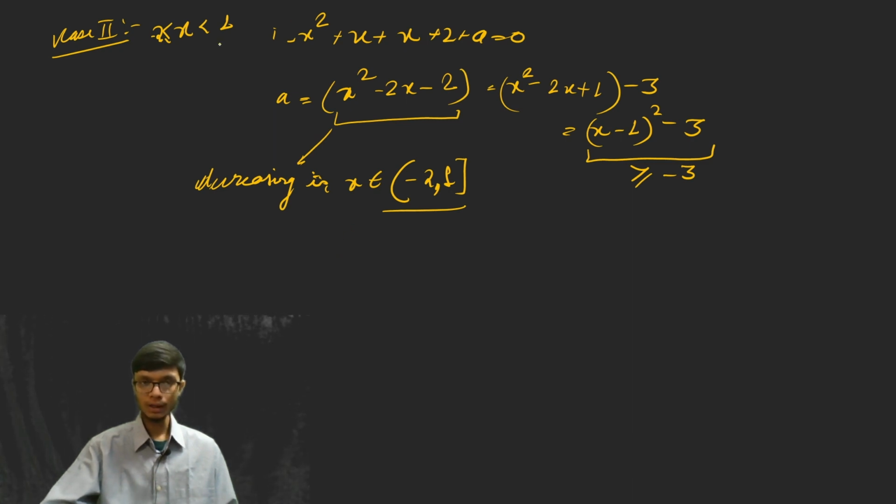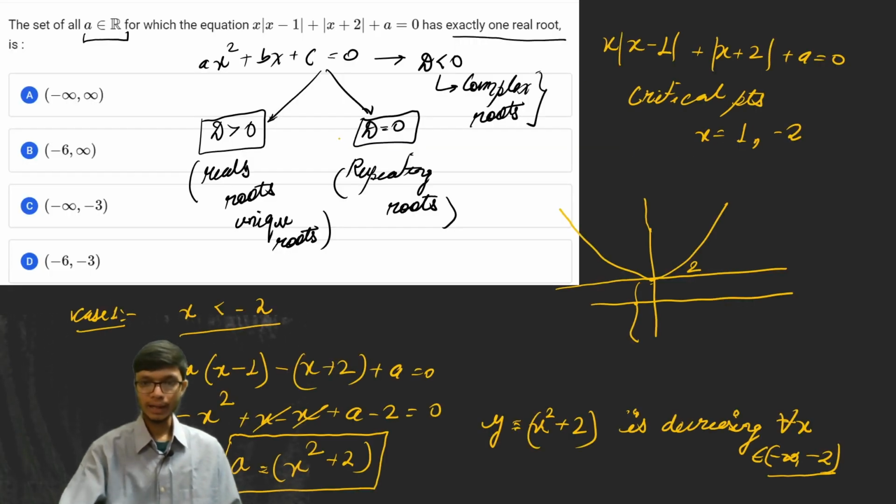That means for all x belonging to this interval, you will find the values are decreasing. Sorry, it's not actually decreasing in the previous case; if you put the values of x from minus infinity to minus 2, the value will go on increasing.